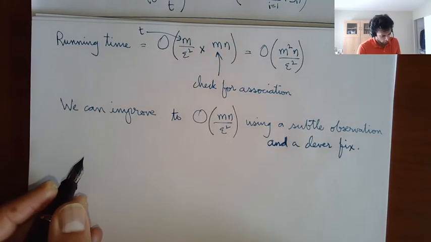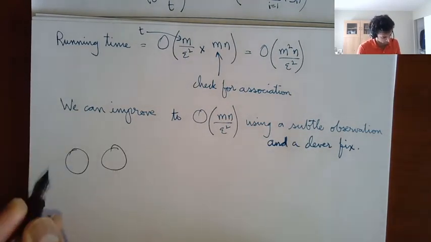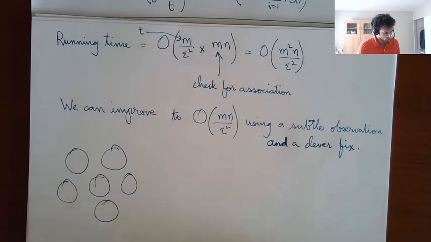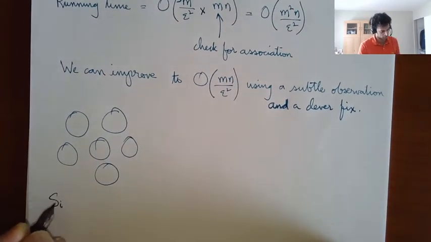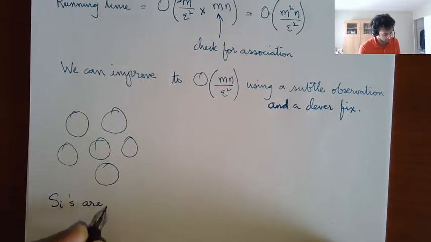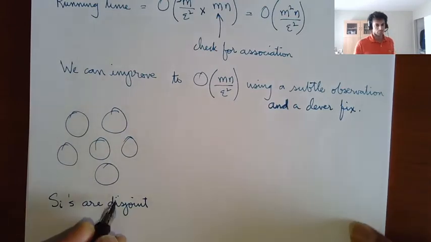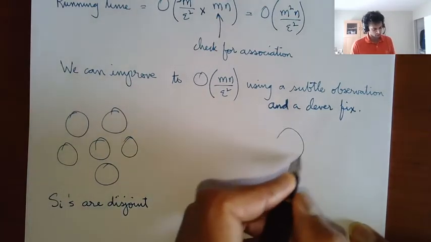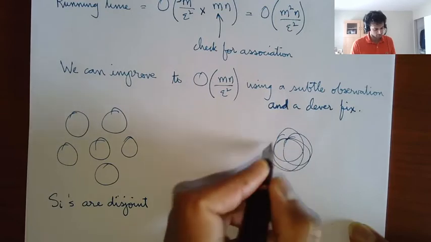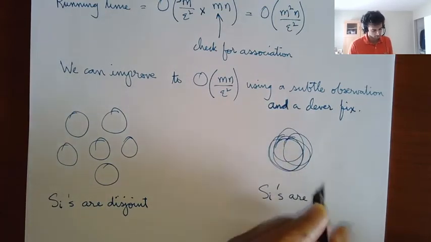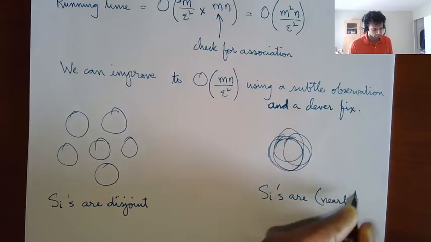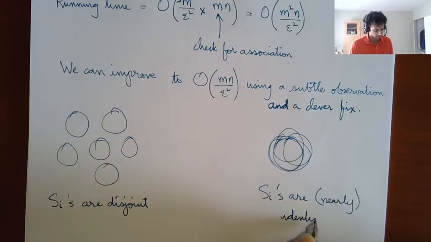Let me consider two separate scenarios. These are sort of the opposite scenarios. In one, the Si's are disjoint. Okay? And in the other, let's say that the Si's are nearly identical. Okay?